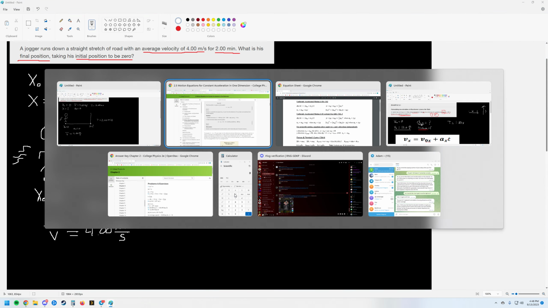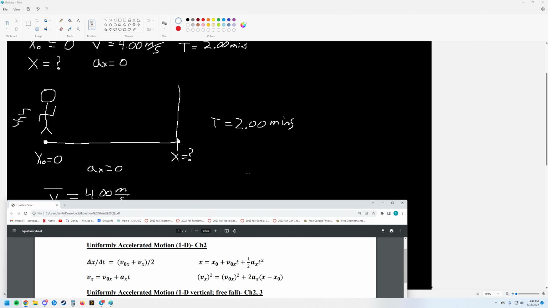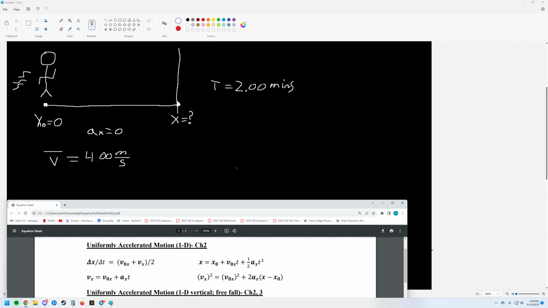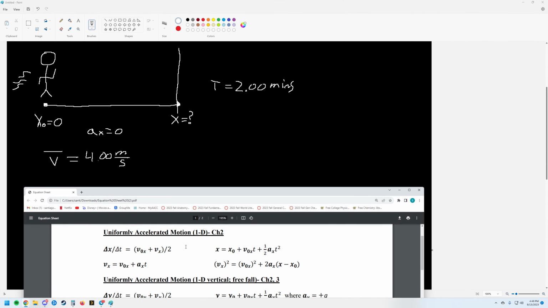If we bring up our equation sheet, we can try to figure out what equation we're going to use. We know the average velocity, which is great, but that means we don't know the initial and final velocities. We just know the average. That can help narrow down some choices.